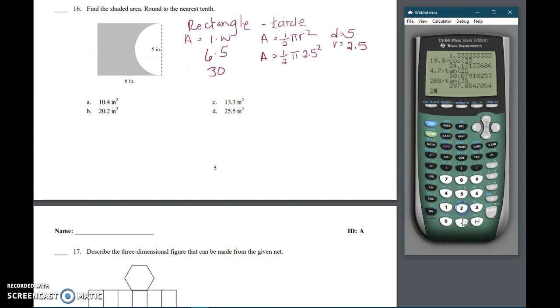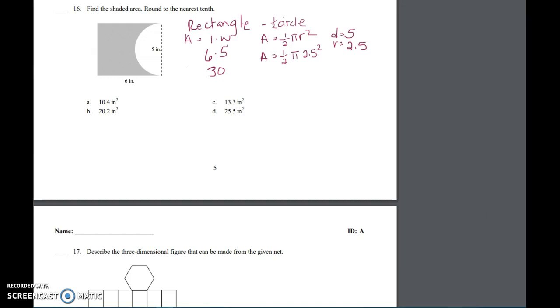So we're going to have 2.5 squared times pi divided by 2. And we get 9.8. So the area of my circle is going to be about 9.8. And then I'm going to subtract those two because I've got to subtract the circle away. That's going to give me 20.2, which is going to be B.